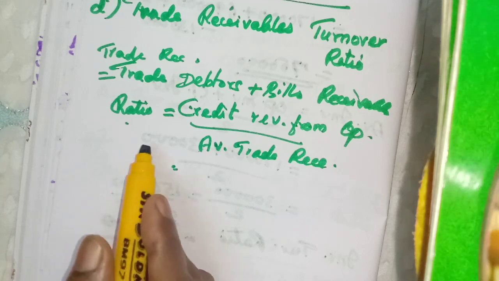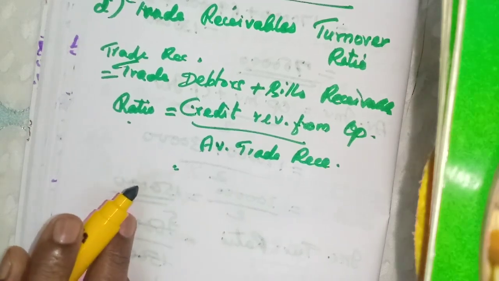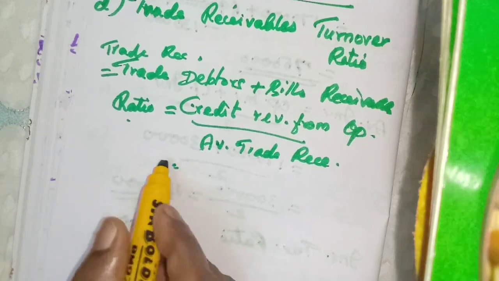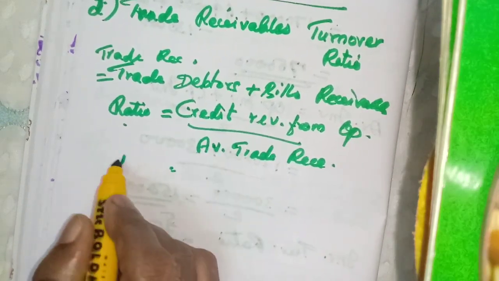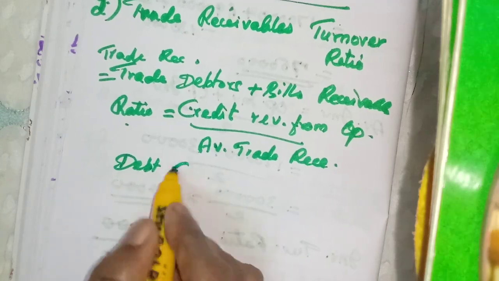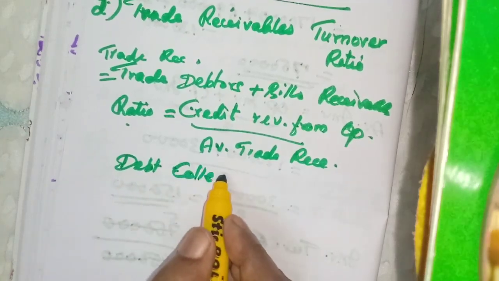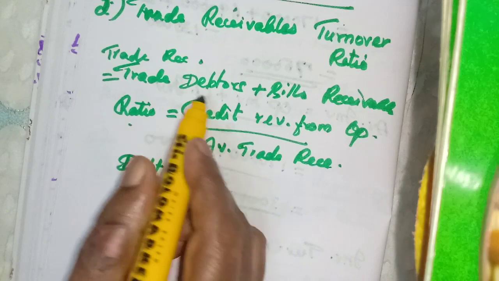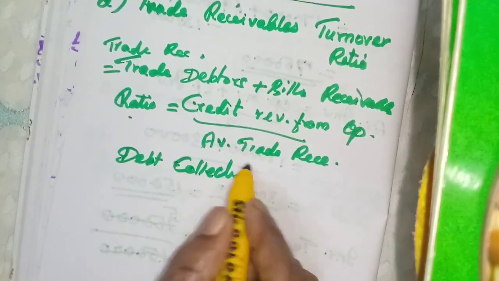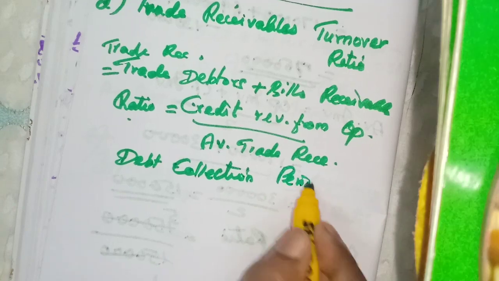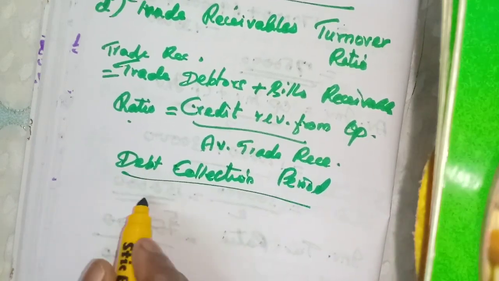Then the conversion period also we have to calculate, that is the debt collection period. Within how many months or how many days we can collect these trade debtors and bills receivable. Trade collection period, the second part.